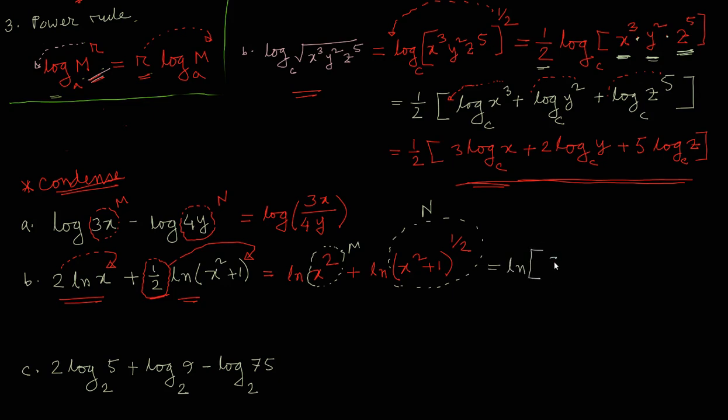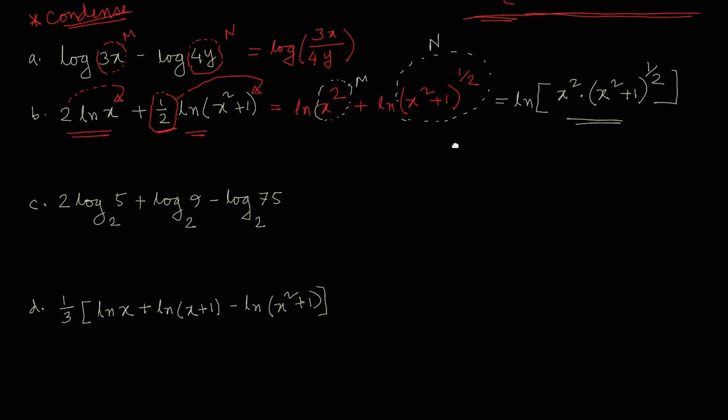So what is m? x square multiplied by the second quantity, which is x square plus 1 under a square root. This is the most condensed form I can do, and there is nothing you can condense any longer. Okay, so that's the answer for the second one.